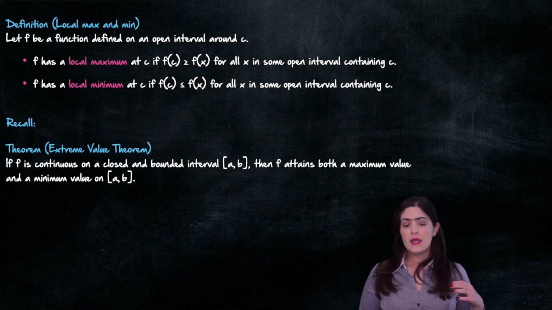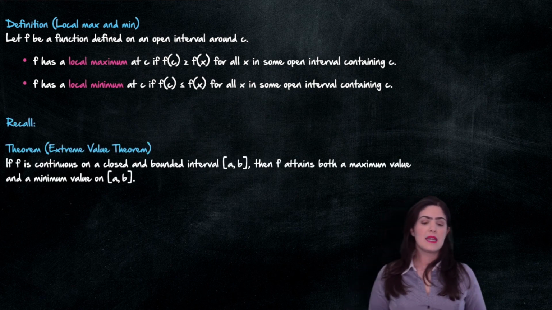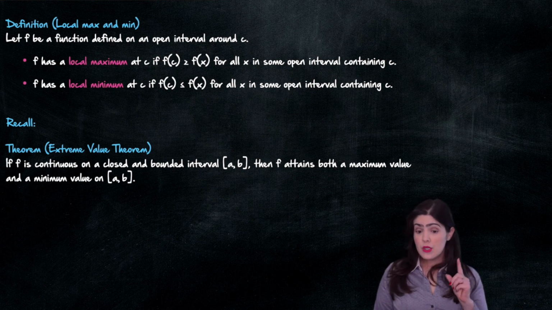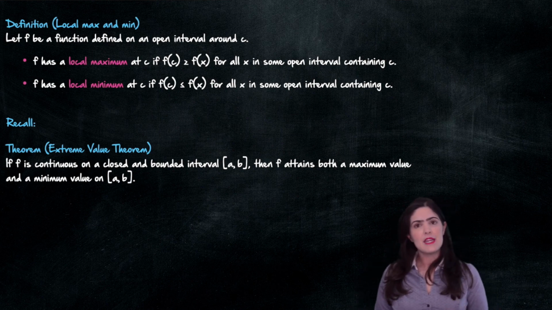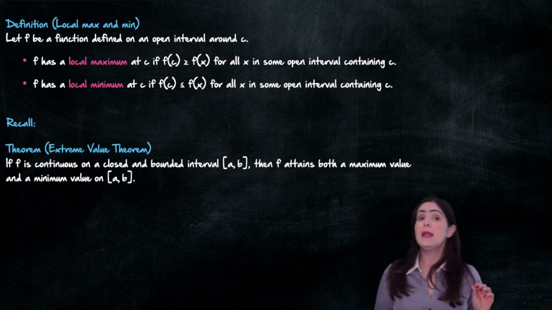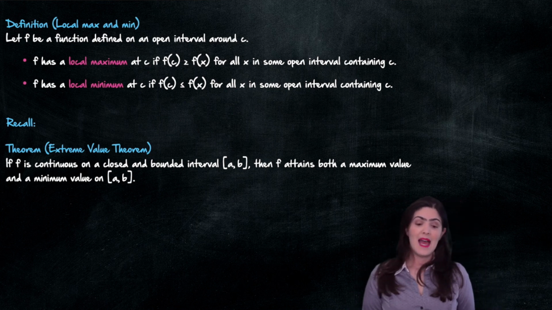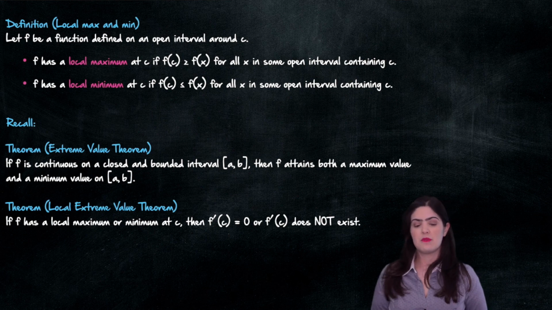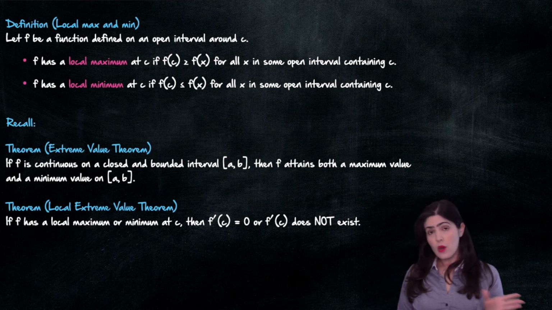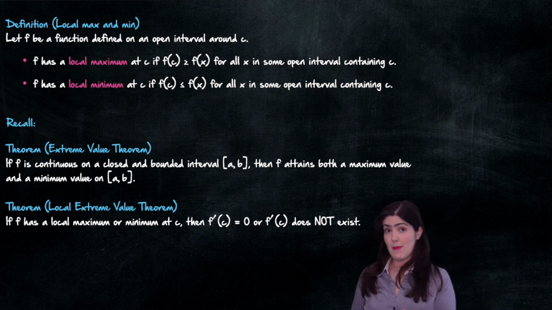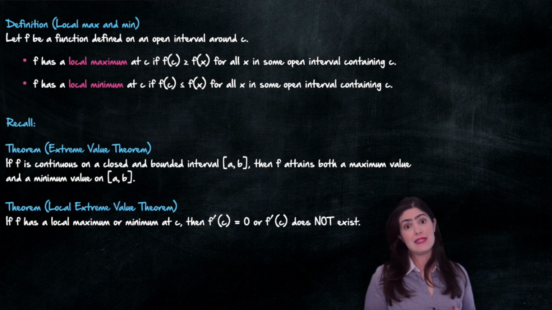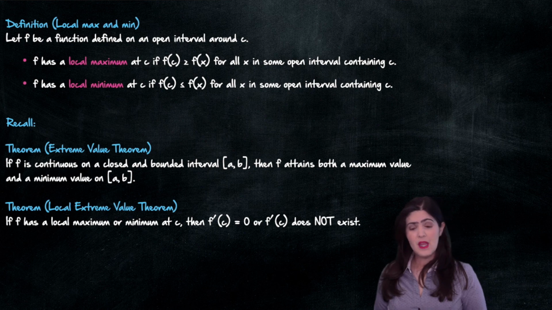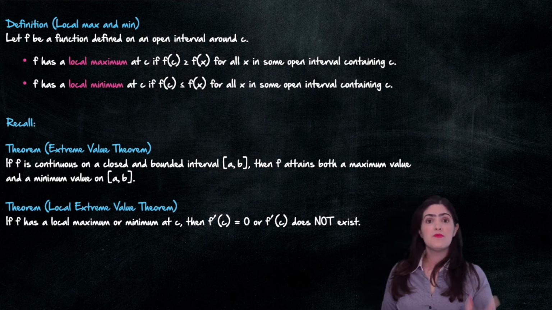Then the extreme value theorem tells us that if f is continuous on a closed and bounded interval [a, b], then f attains both a maximum and a minimum value in that interval. And the local extreme value theorem tells me that if f has a local maximum or minimum at c, then f'(c) is equal to 0 or f'(c) does not exist. So that's how we're going to combine these two theorems.